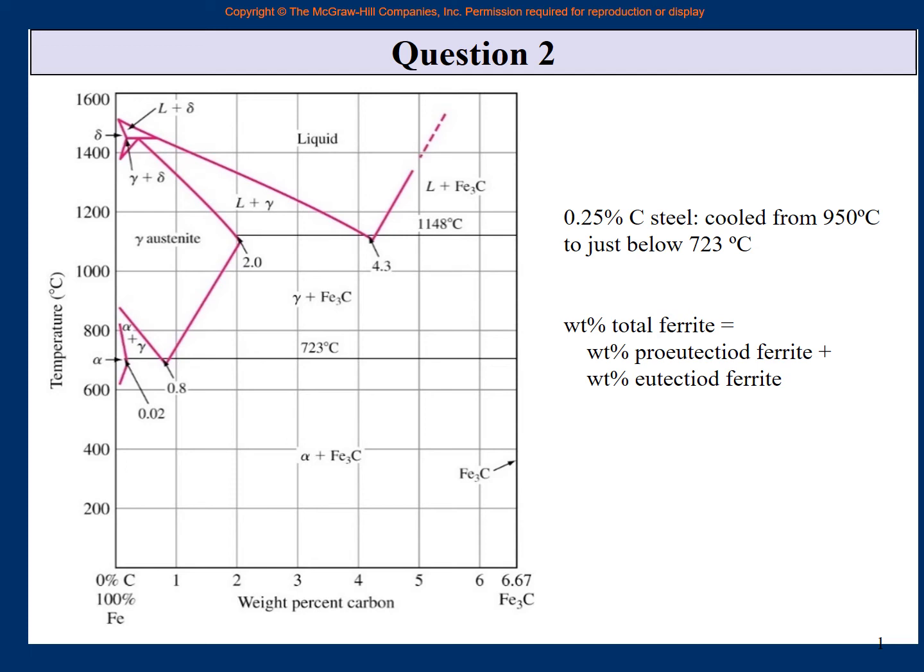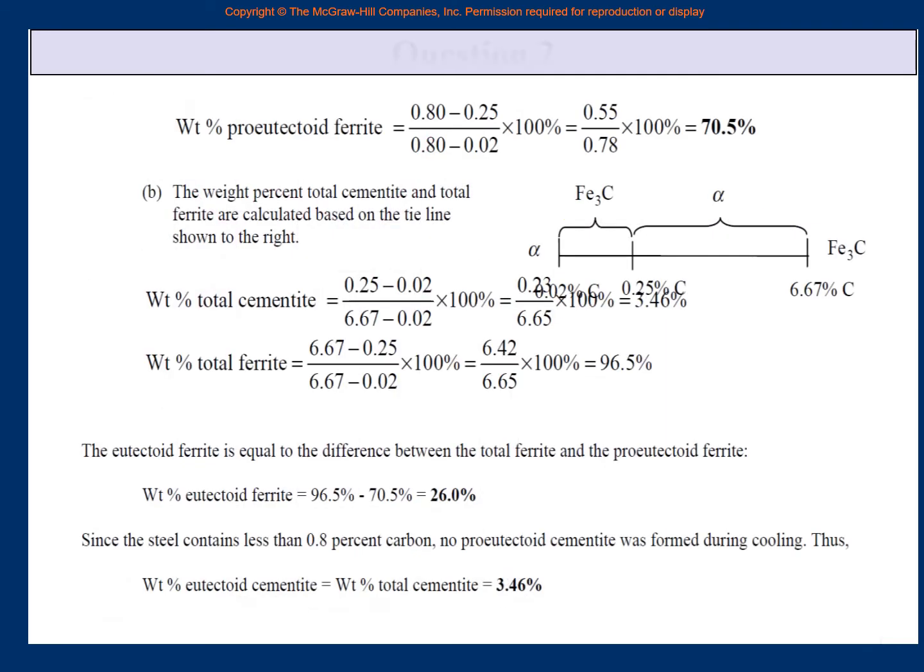Then draw that horizontal line, which becomes your tie line, separately, and write there alpha, W naught, gamma, and so on, and then apply the lever rule. And remember, the lever rule is always opposite. If you are finding the left side, you go to the right side of the diagram. If you are finding the right one, go to the left side of the diagram, and that is it. Then you are done. So let us proceed.